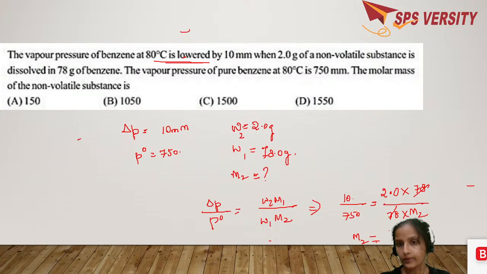You take it over here: 2 times 750 divided by 10, approximately 10. So it is 75 times 2, nothing but 150 gram per mole. So the correct answer would be option A.